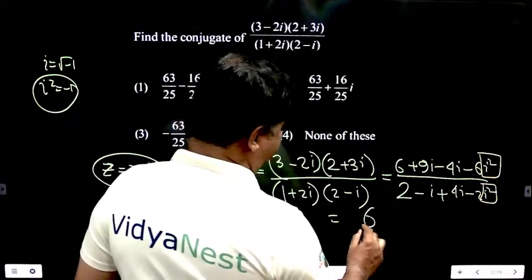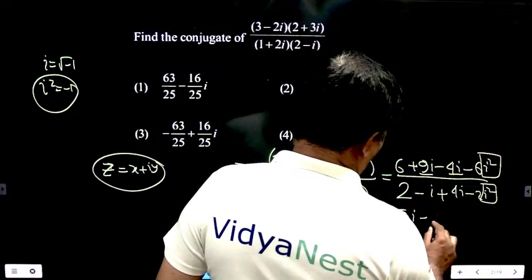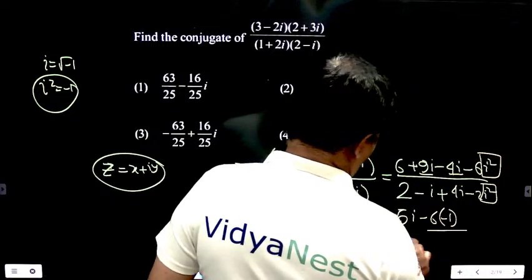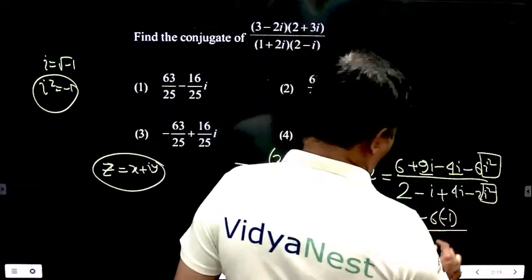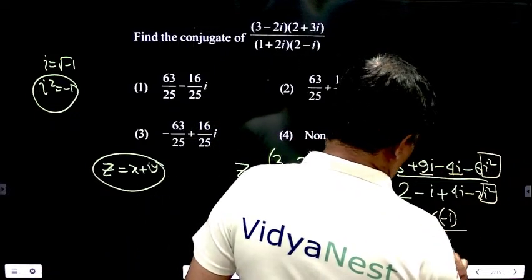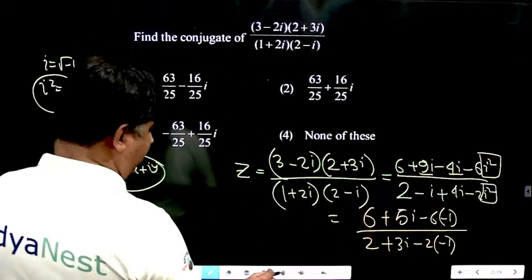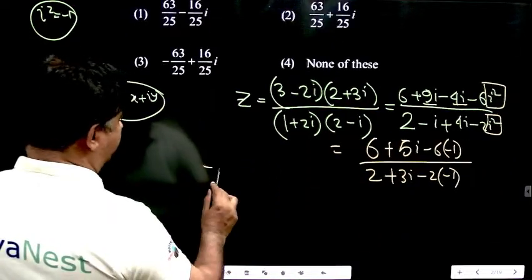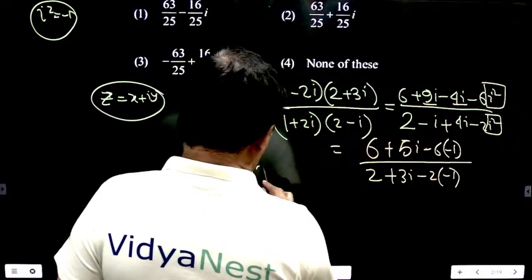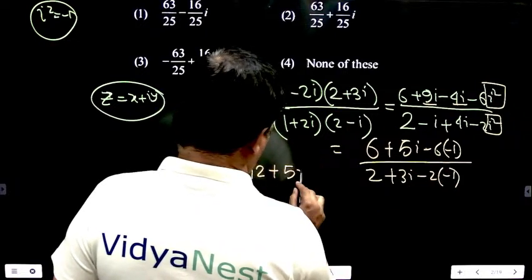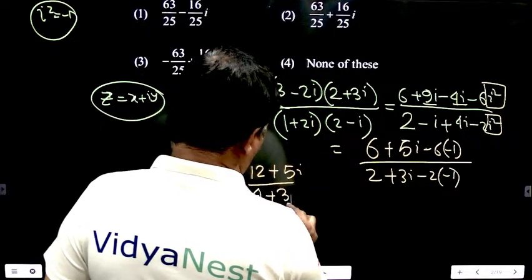So 6, 9i minus 4i is 5i, 2 plus 3i minus 2 minus 1. So Z is reduced to this form: 6 plus 6, 12 plus 5i, here 4 plus 3i.